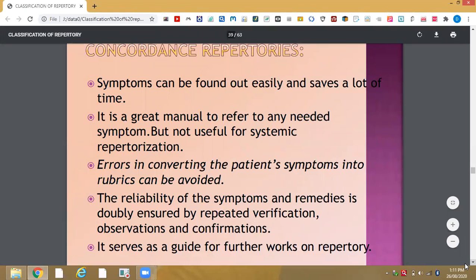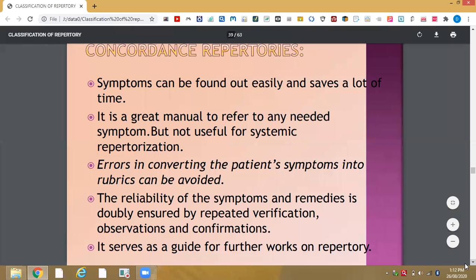It is a great manual to refer to any needed symptom, but not useful for systemic repertorization. As we discussed earlier, these concordance repertories, Puritan repertories, are not used for systemic repertorization, but only for reference purposes.